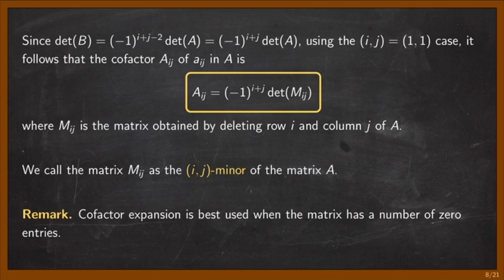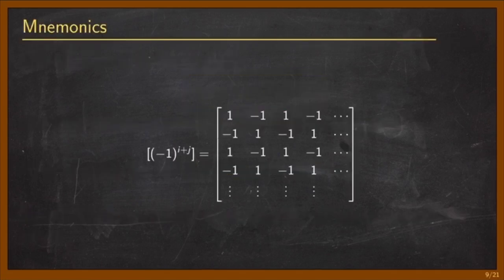But take note that the cofactor expansion is best used when the matrix has a number of 0 entries, because when an entry is 0, most of the terms in the cofactor expansion will just be 0. To illustrate what I'm saying, let me give you an example, but before that, I have to say something about the expression negative 1 raised to i plus j. If you form the matrix with entries negative 1 raised to i plus j, in the 1,1 position it is just 1.